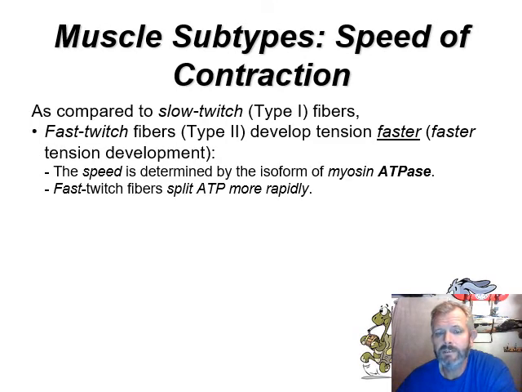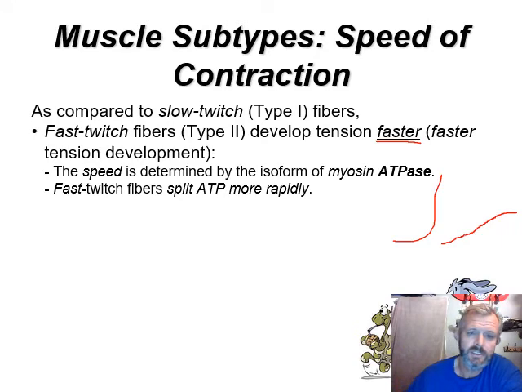Okay, we already saw this on the one: fast twitch is much faster in developing tension, right? The tension's boom. Whereas for the slow twitch, the tension is much more drawn out. And what determines this is those myosin heads. The myosins are using the ATP.